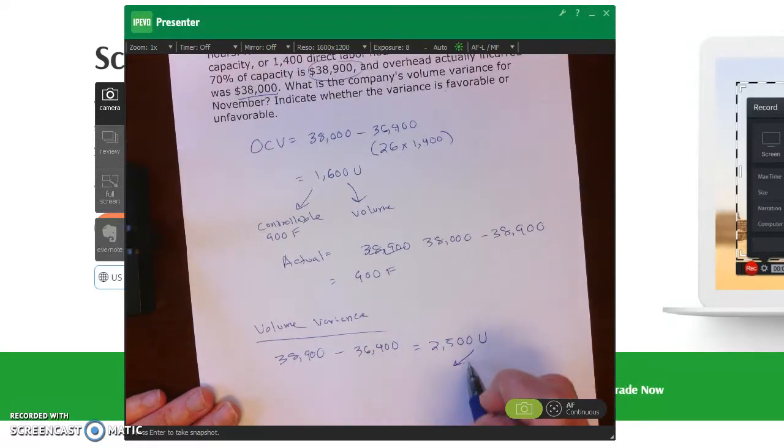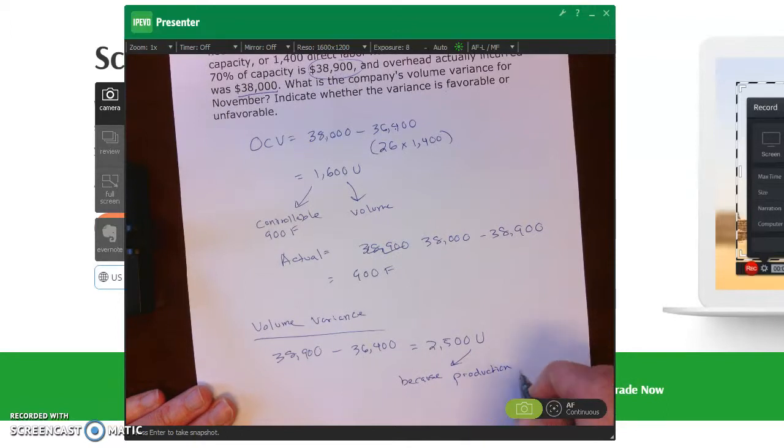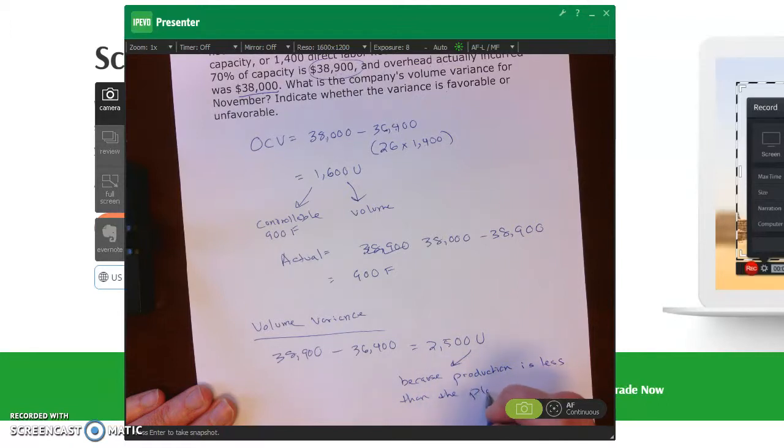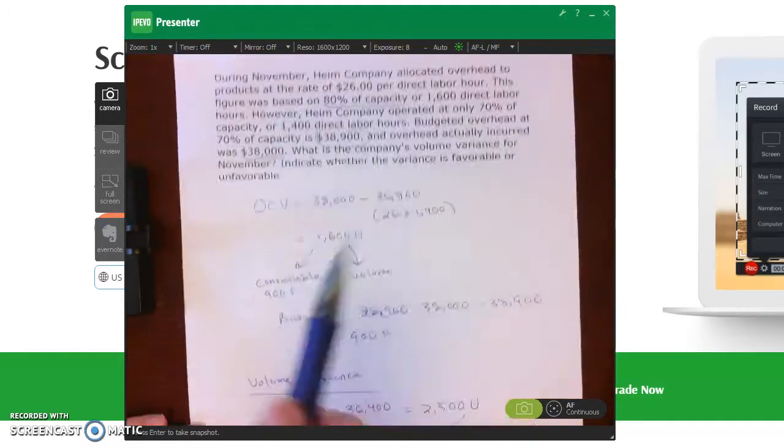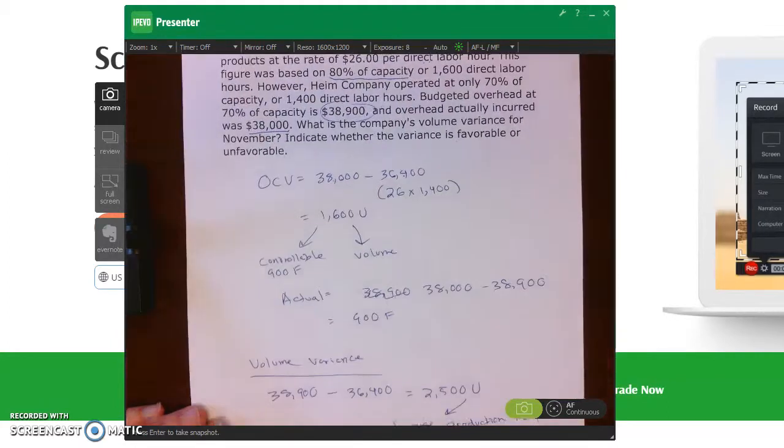It's unfavorable because the actual production is less than the planned production. Remember, the planned production was at 80% capacity, but actual is at 70% capacity.